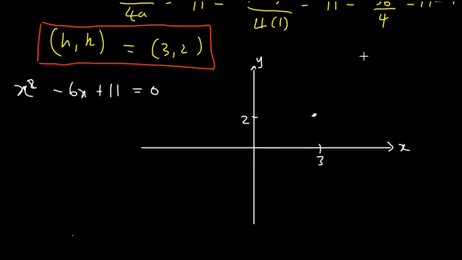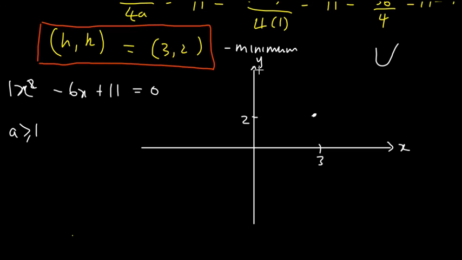Of course, it's concave up, because the coefficient is greater than or equal to 1. So it's concave up. It will have a minimum value. So this is the minimum value of the parabolic curve.